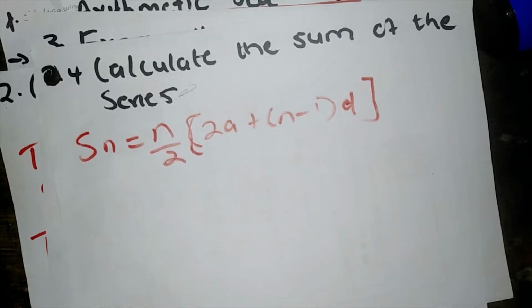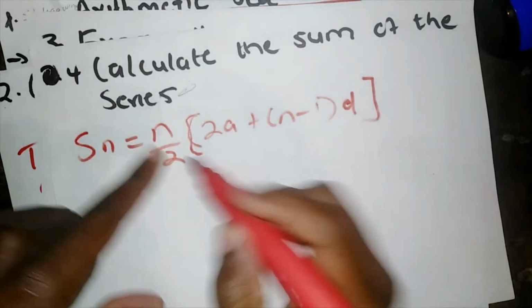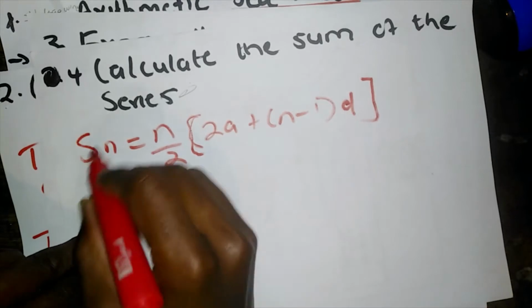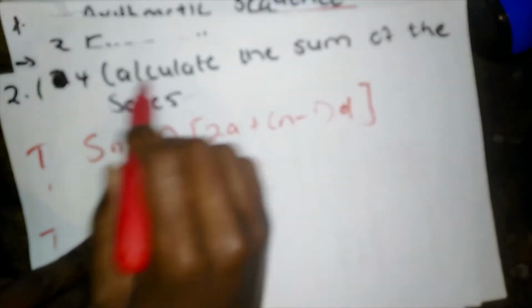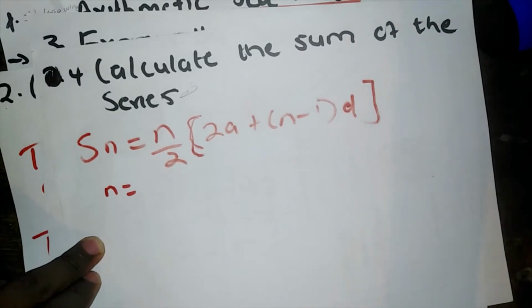So here it is simple, guys. First of all, let's write down the values of the variables. The question is to calculate the sum of all the series.